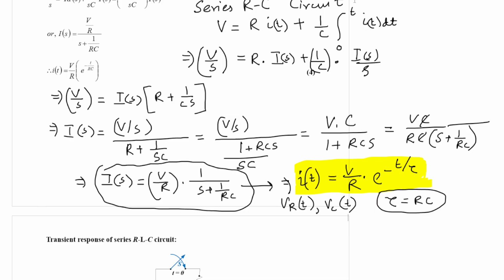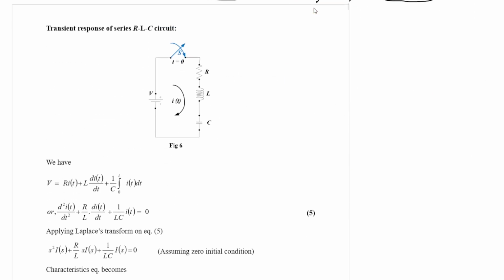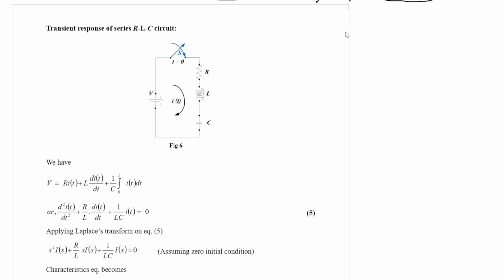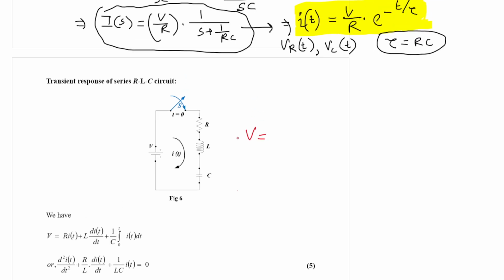Lastly, we have the series RLC circuit. We have a similar KVL equation: V is equal to R i(t) plus L into di(t) dt plus 1 by C integration 0 to t i(t) dt.